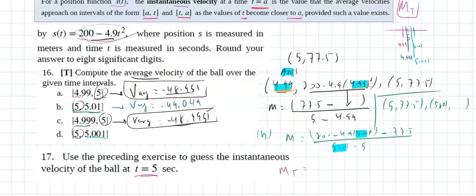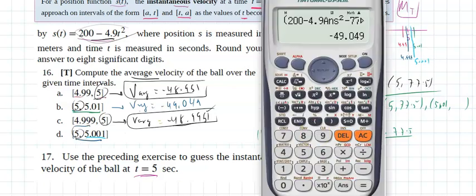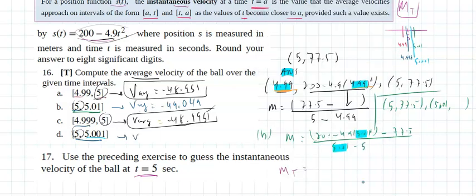Negative 49.049, and since again this is going from 5 to 5.001, all I have to do is go on my calculator and type in 5.001, enter. That's stored in my answer. Recall the function and it gives me negative 49.0049.